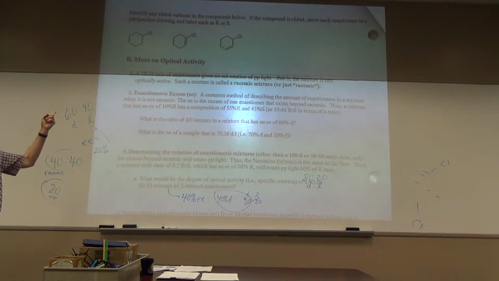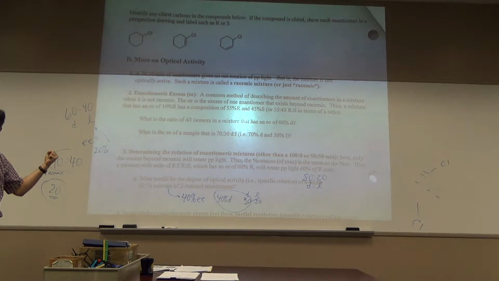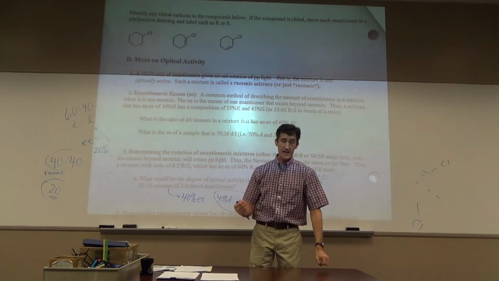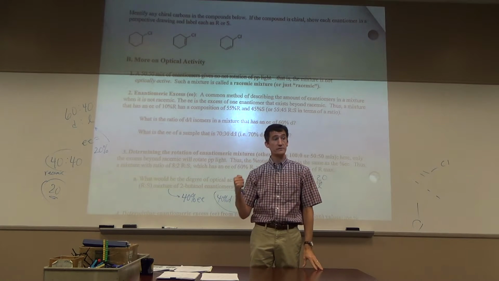For example, the one I showed, a big compound, wasn't it negative 32.9? Yes, maybe? I think so. Let's say it's negative 32.9. That's good.